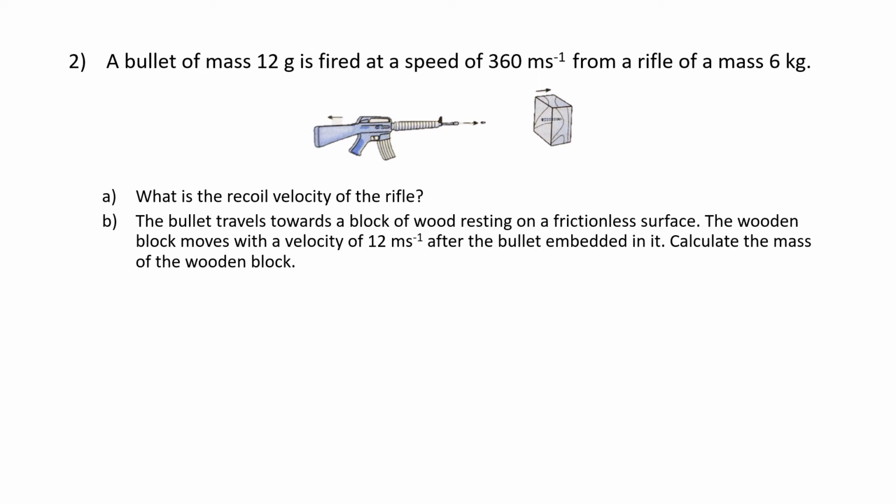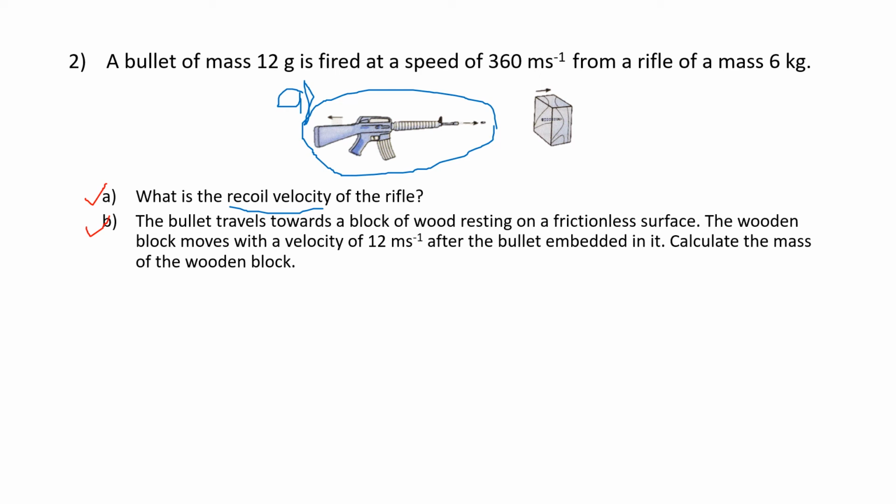Actually, this question consists of two situations, situation A and situation B. Situation A asks, what is the recoil velocity of the rifle? This situation A talks about the phenomenon of explosion.